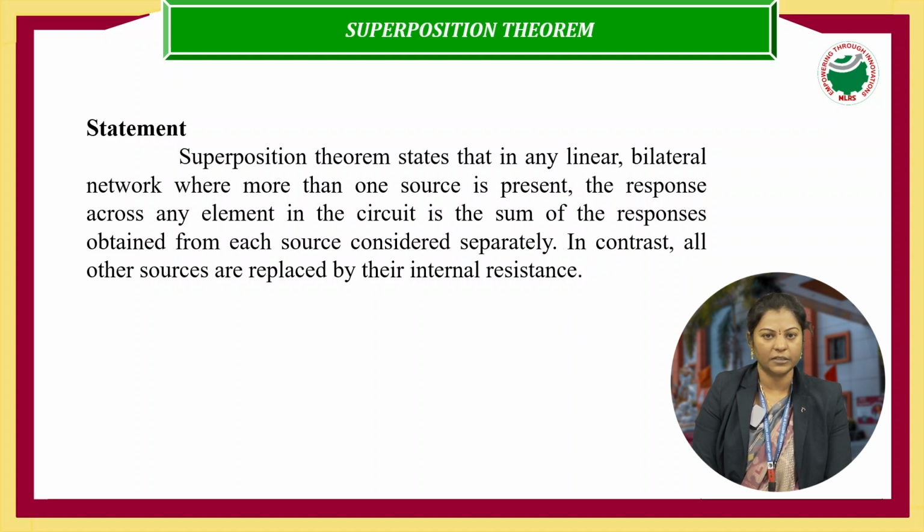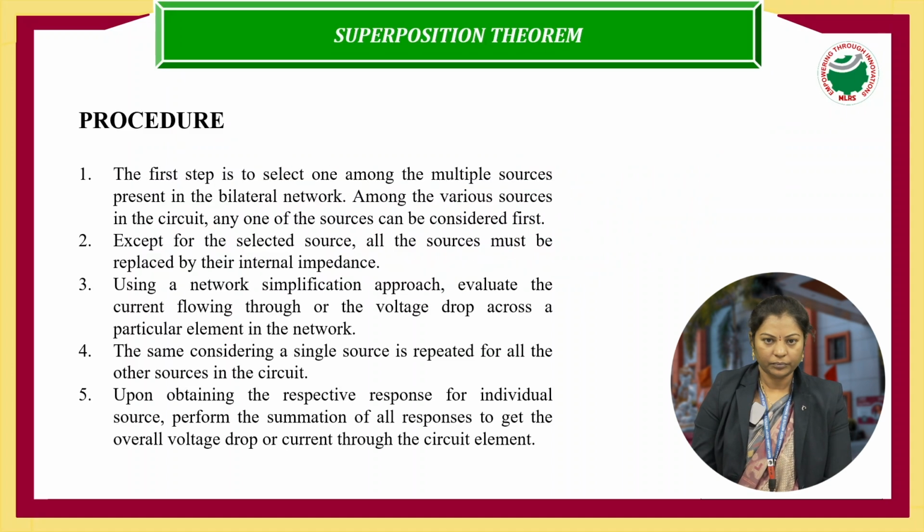If the internal resistance is not given, we need to replace them by a short circuit or an open circuit respectively. Short circuit means when a voltage source is there, we short circuit the voltage source. If a current source is present in the circuit, we open circuit the current source.